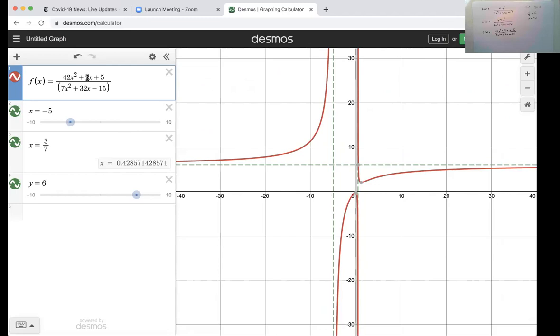If I change those numbers at all, minus 10x plus 12, again same horizontal asymptote, same vertical asymptotes. So as long as we have 42x squared plus something x plus something divided by that, we should have a reasonably good answer. The only small chance that it'll fail is if one of the factors on the bottom divides out.